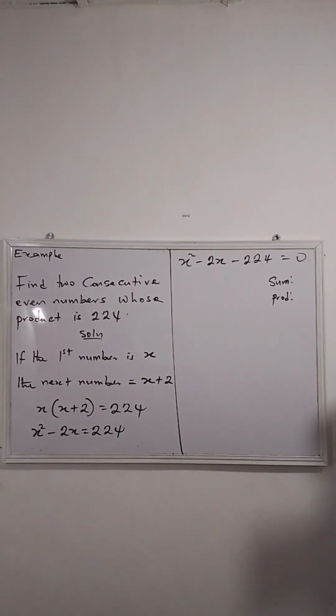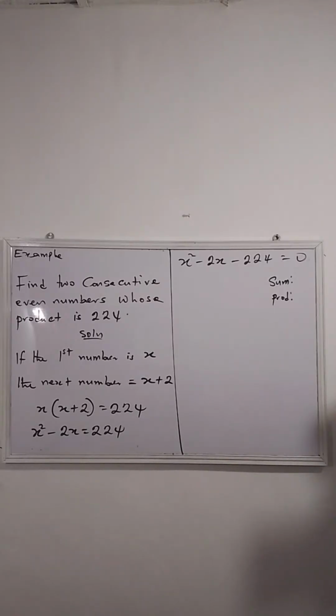What is the sum and product in that equation? So you have minus 2 and then minus 224. Yes, Banjo, I can see what you have there. Yes, Agbon, I can see. Yes, Uber, I can see what you have there.